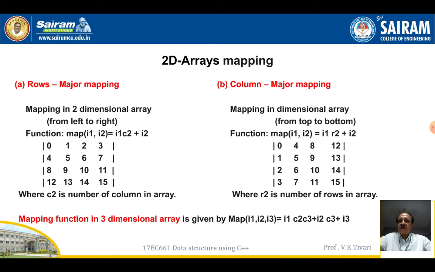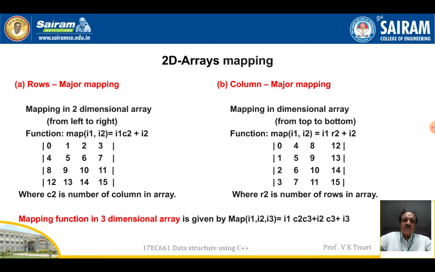The function we use is map(i1, i2) = i1 * c2 + i2, where c2 is the number of columns in the array. As defined in this array, you can see 0, 1, 2, 3 in the first row, 4, 5, 6, 7 in the second row, 8, 9, 10, 11 in the third row, and 12, 13, 14, 15 in the fourth row.